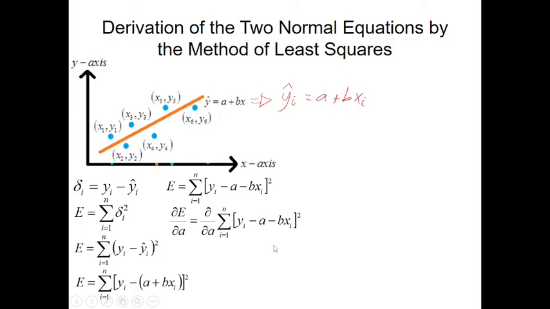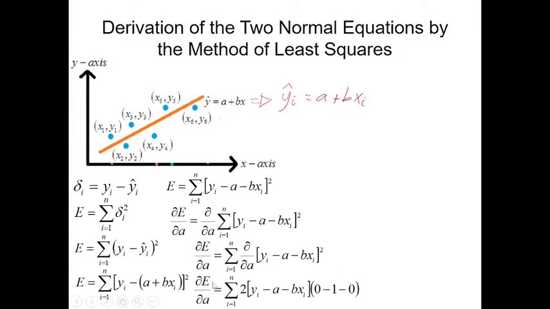So, we can take now the derivative. So, if we take the derivative, pwede nating ilagay yung delta over delta A sa loob ng summation. And then we now take the derivative applying chain rule, diba? So, del E over del A equals summation.